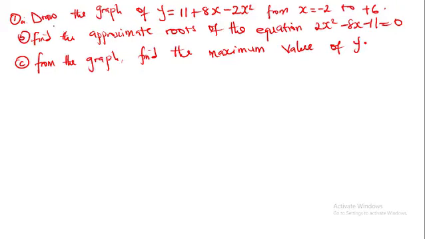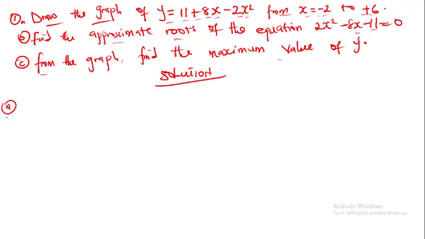It says we should draw the graph of y equal to 11 plus 8x minus 2x squared from the point where x is equal to minus 2 to the point where x is equal to 6, and then we should find the approximate root of the equation 2x squared minus 8x minus 11 equal to 0, and C, we should find the maximum value of y from the graph. Okay, let us start.